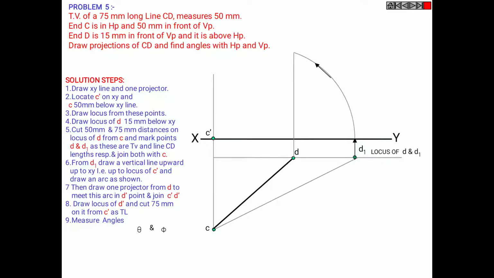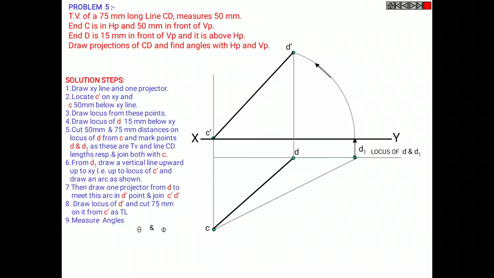Then draw one projector from D to meet this arc at D dash point, and join C dash and D dash. Now draw locus of D dash and cut 75 mm on it from C dash as true length.